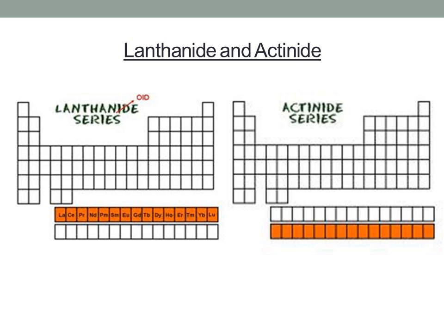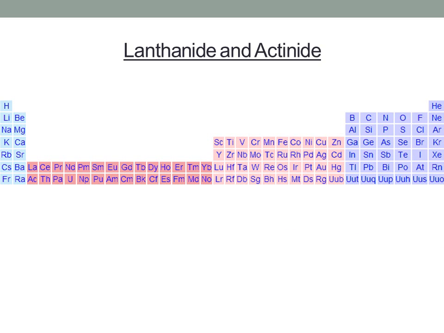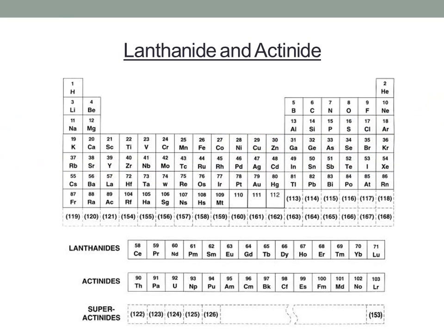If you examine the atomic number of these elements, you will see that they belong in the 6th and 7th row. If they were included where they belong, the periodic table would look like this. Most periodic tables show them at the bottom so that everything will fit onto one page.